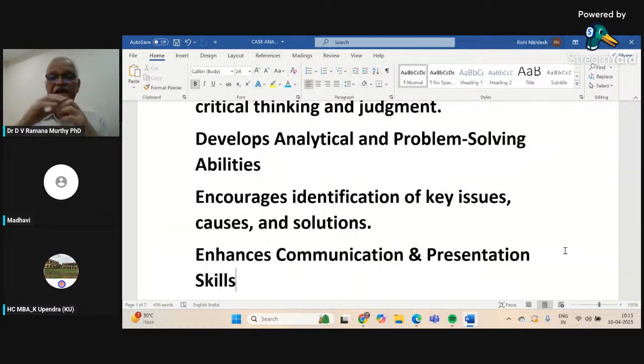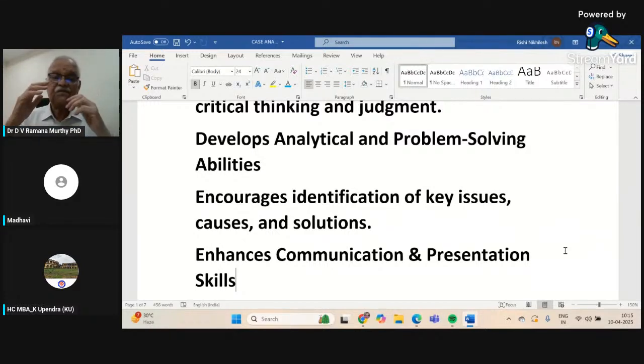Then it encourages identification of key issues, causes, and solutions. You need to go deep into the case problem. What you come to know is you can easily identify the key issues. For every problem, there are a lot of issues surrounding the major problem. But if you answer the major problem, then all other issues get solved.